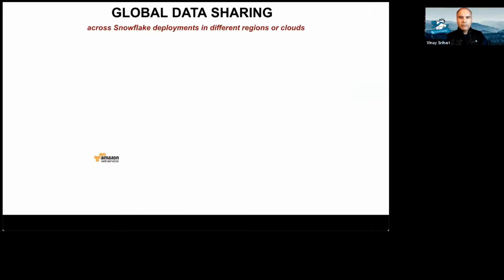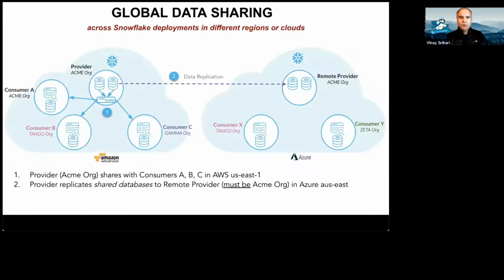And what happens when you go, let's say, cross-cloud? Let's say your provider happens to be on Amazon's West region, and the consumer happens to be in the Azure Frankfurt region, for example. So it's the same basic principle that applies here. The provider can share within the deployment without data movement, but when there is a remote sharing requirement, there's a data replication step.